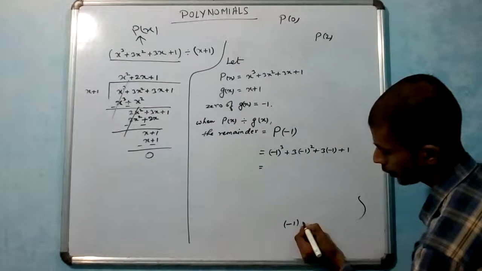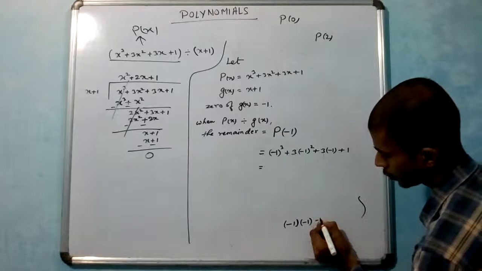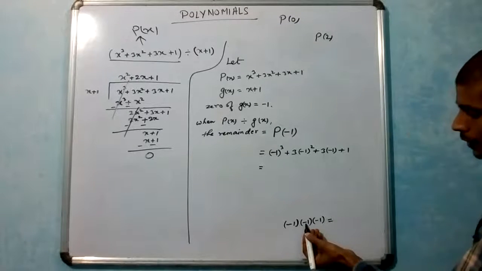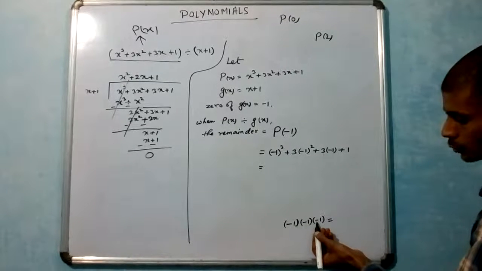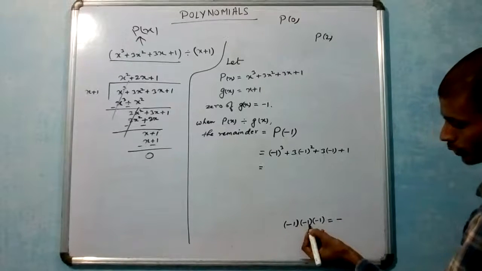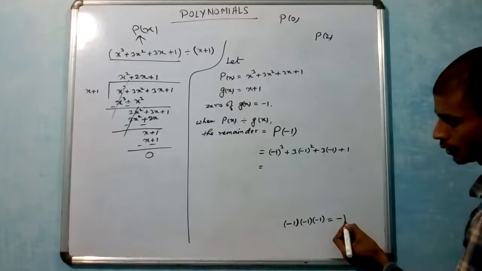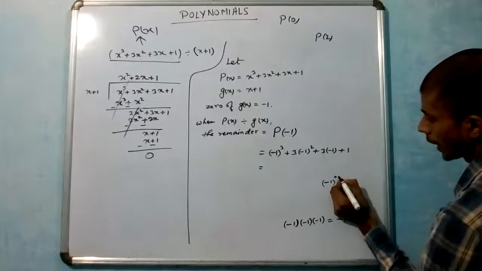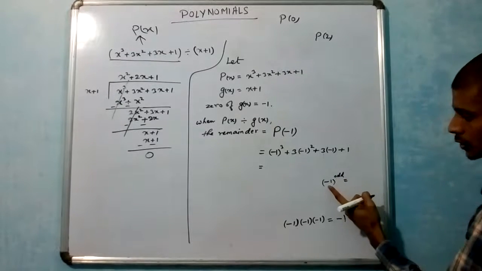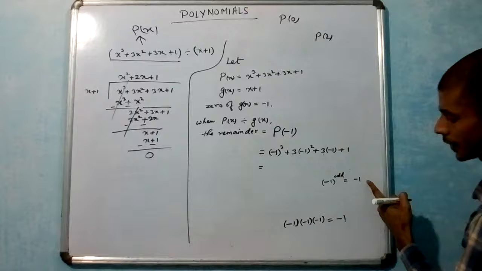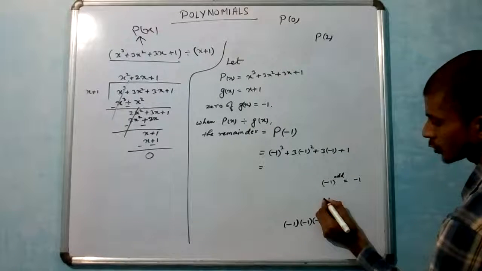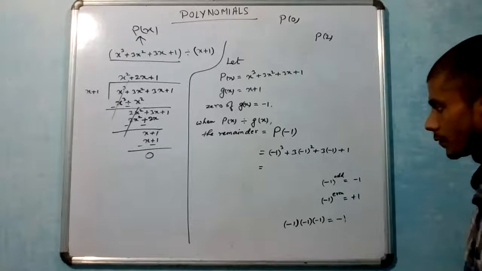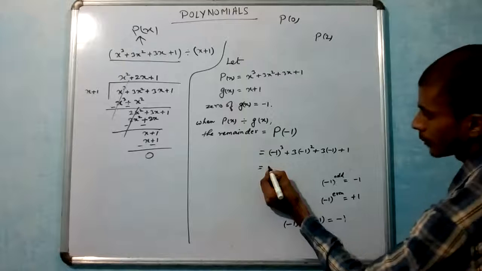What does it mean? Minus 1 into minus 1 into minus 1, 3 times, no? Minus into minus is plus, plus into minus is minus, so minus. 1 into 1 is 1, 1 into 1 is 1, so minus 1, okay? So when minus 1 is raised to any odd number, we will always get minus 1. And when minus 1 is raised to any even number, we will always get plus 1. Fine? So since it is odd, we will get minus 1 here.